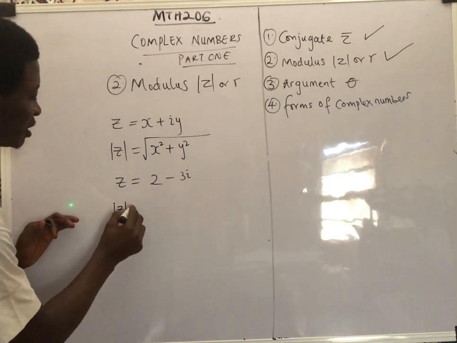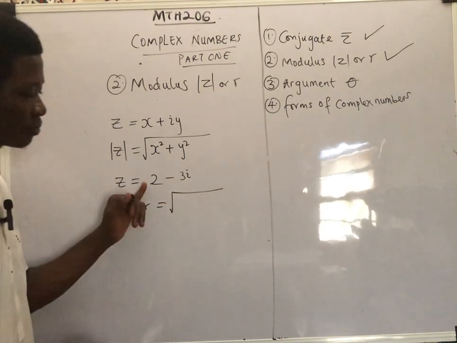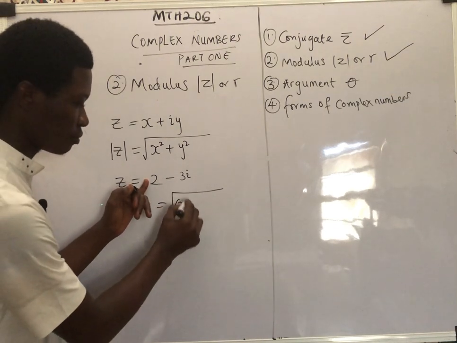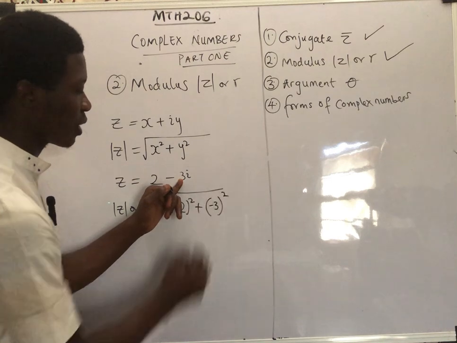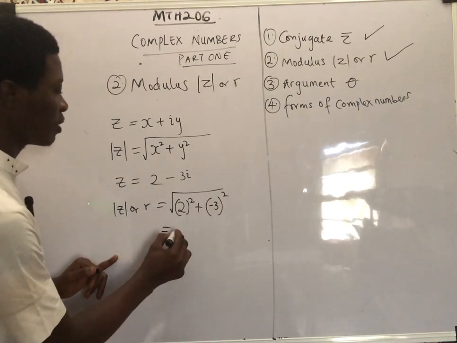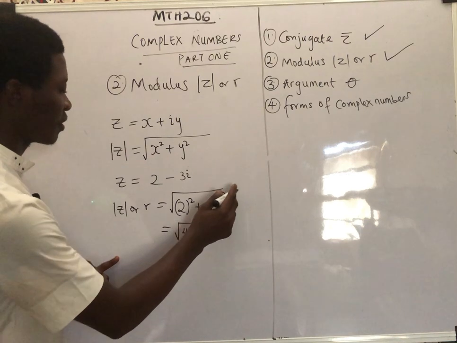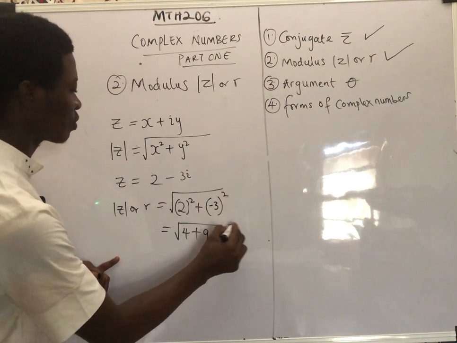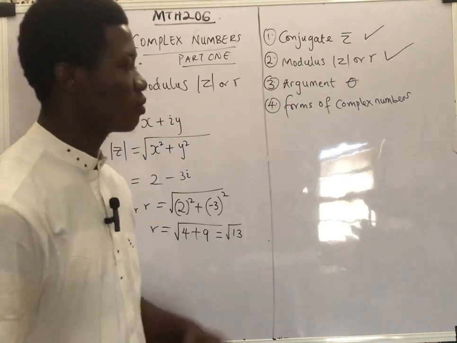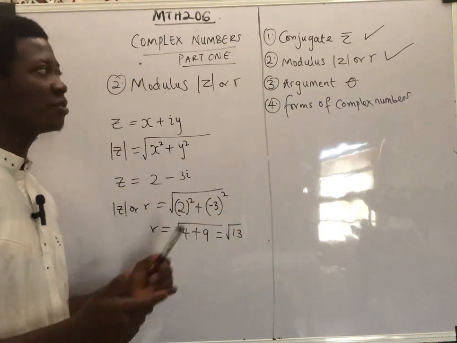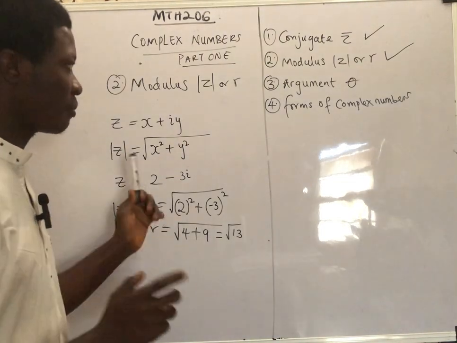Either we call it |z| or we call it r, which is equal to the square root of 2 squared plus minus 3 all squared. So we have the square root of 4 plus 9, which is the square root of 13, and that is our modulus. This is what modulus entails. So let's move to arguments. I don't want to waste time on all of these terms.